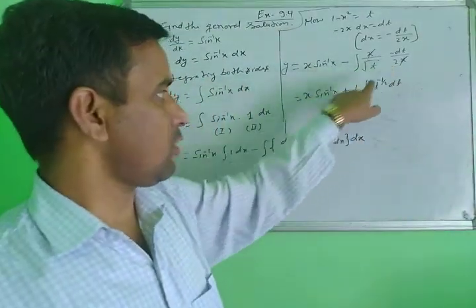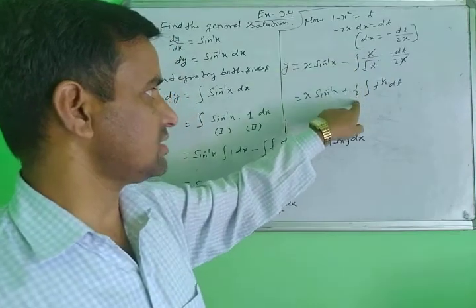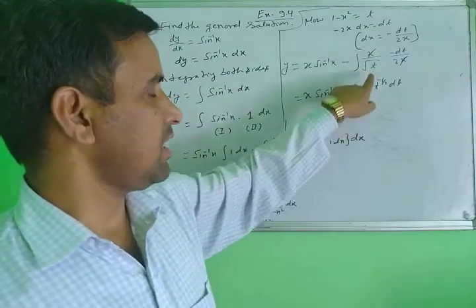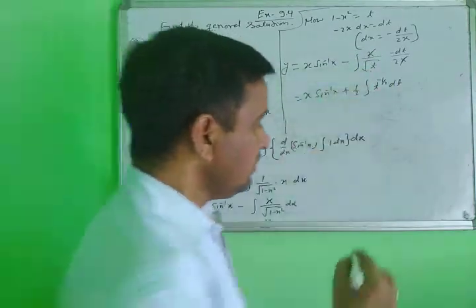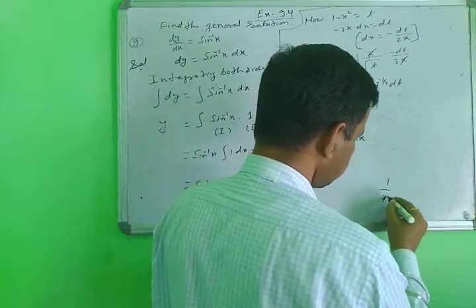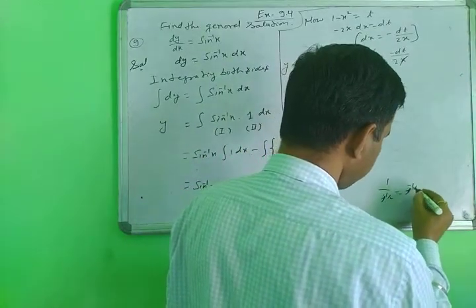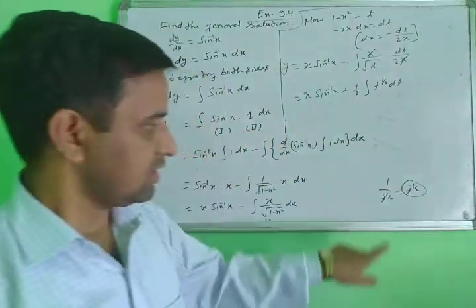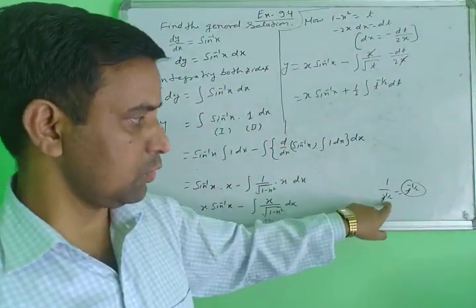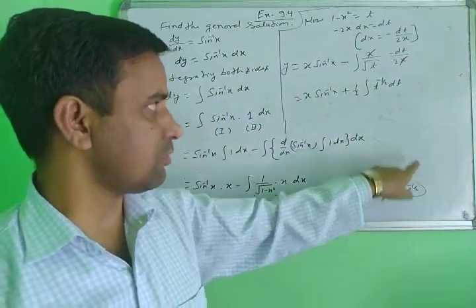Taking the 2 outside, minus into minus gives plus, and 1 upon t exponent 1 by 2 can be written as t exponent minus 1 by 2, its reciprocal.